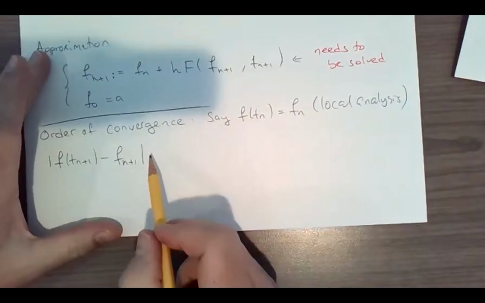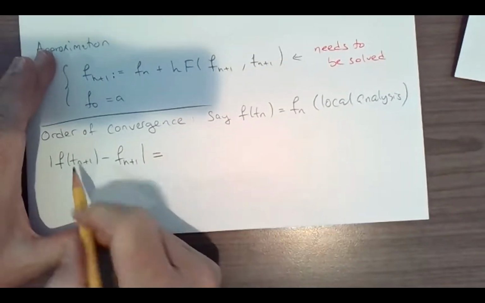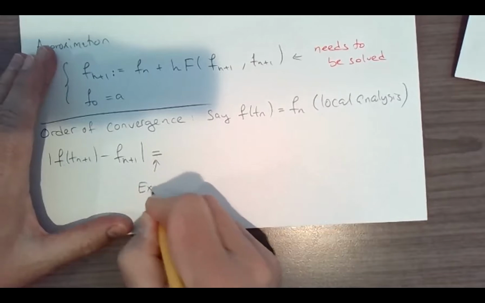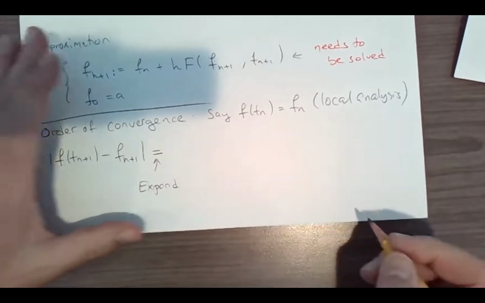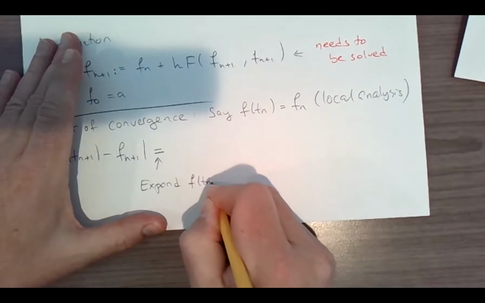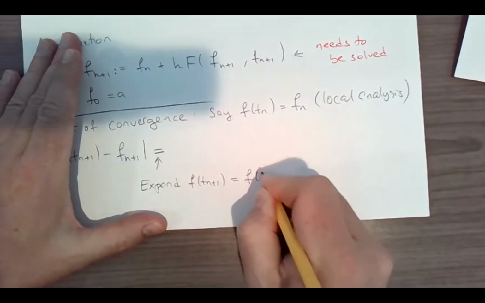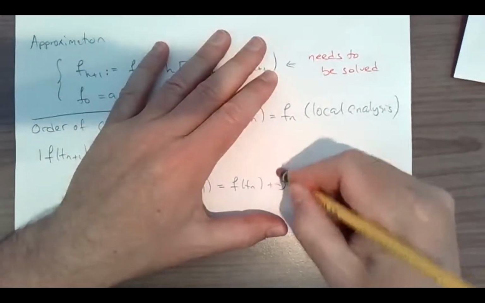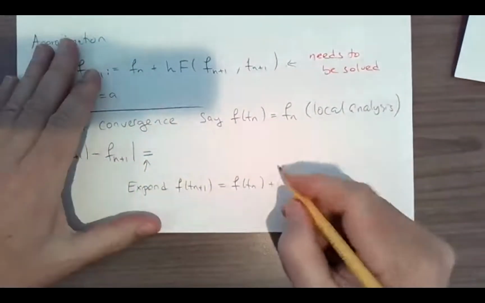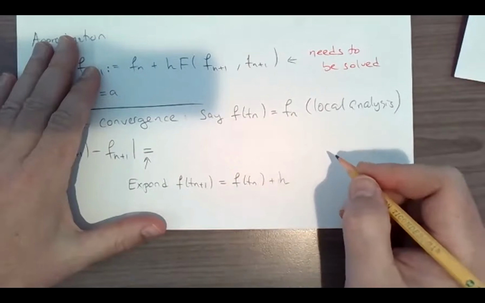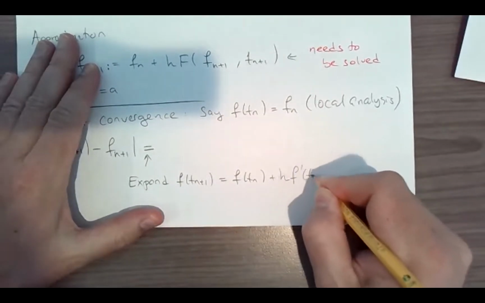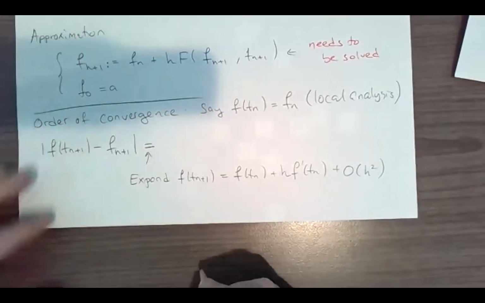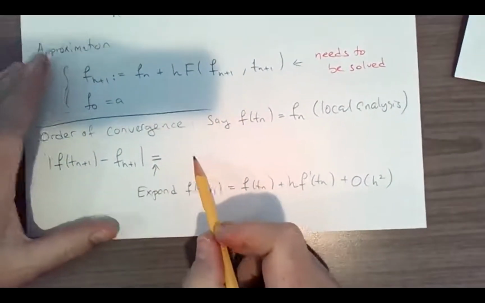We do Taylor again. We write out the actual solution's Taylor expansion. So here we expand f of Tn plus 1 as f of Tn plus the time step, which is h, times f prime, and then plus O of h squared as before. So we expand that out here.